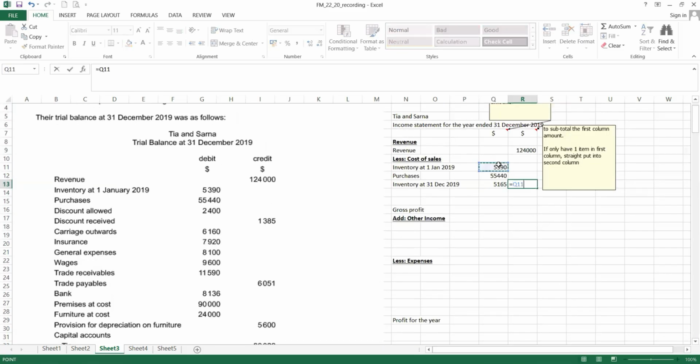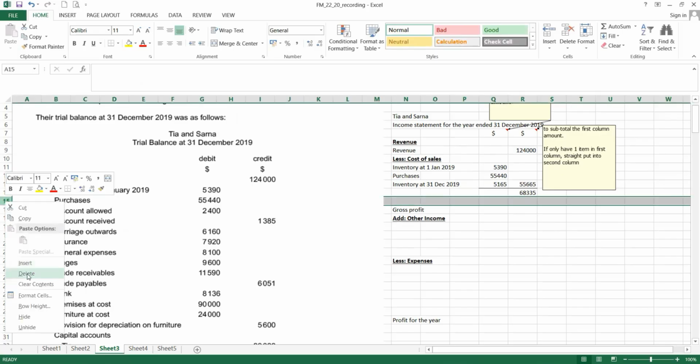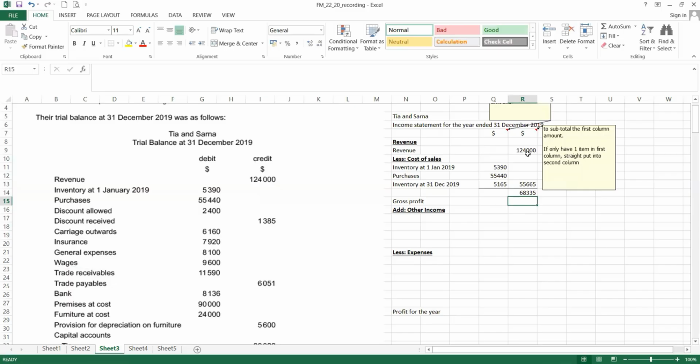So we take opening plus purchases minus closing inventory, so we get the subtotal out first. Okay, this is our gross profit.